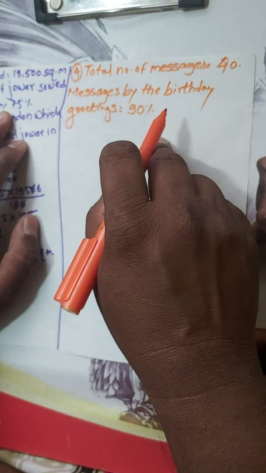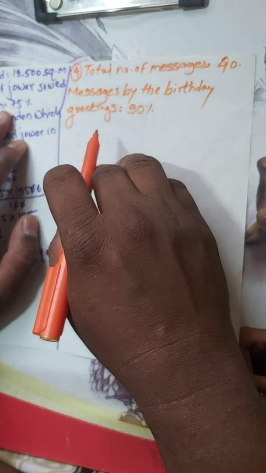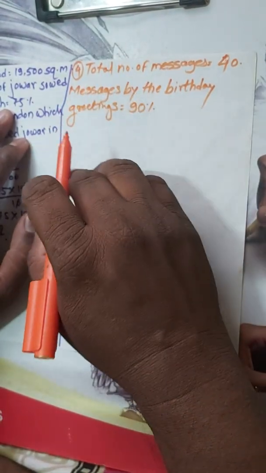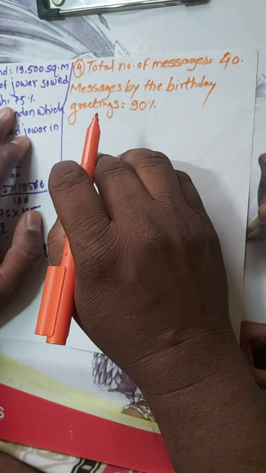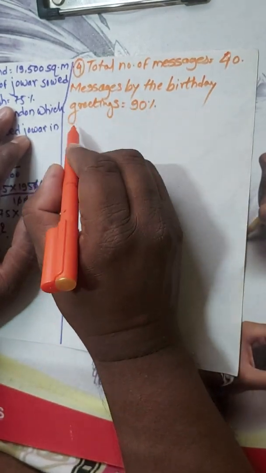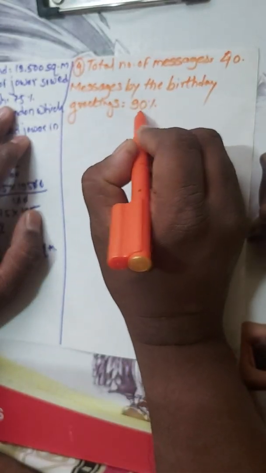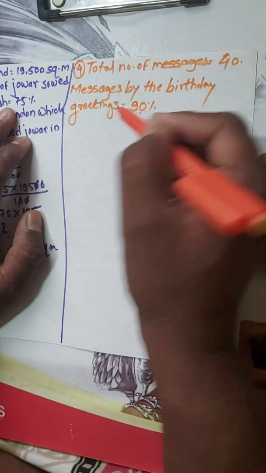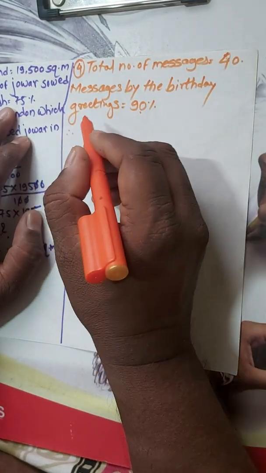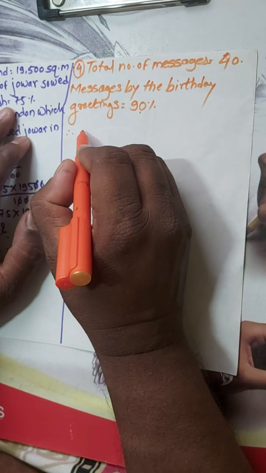So then we have to find the other messages besides the greetings. So just we'll find out that this is 90%, then 100% minus 90, we'll get the 10% of the other messages that we'll find right now.